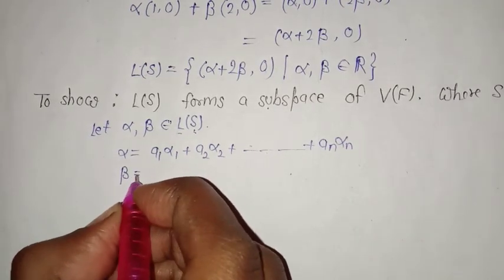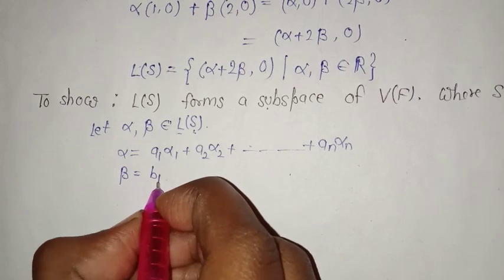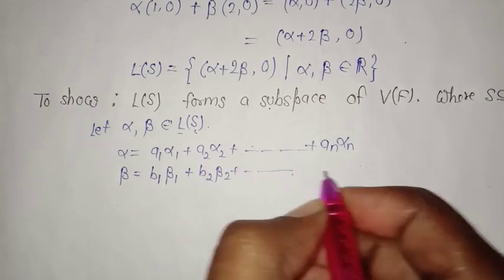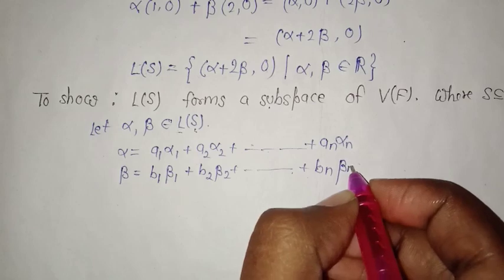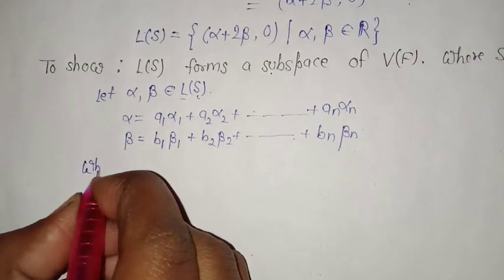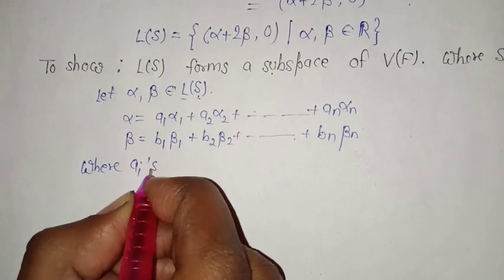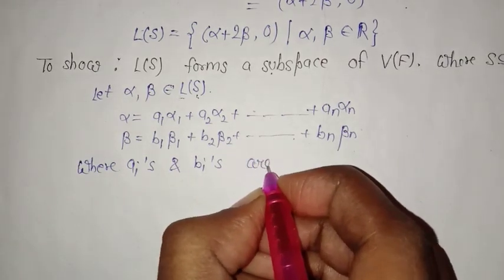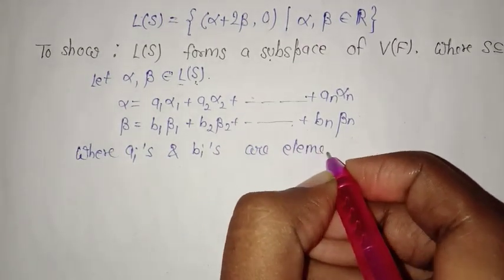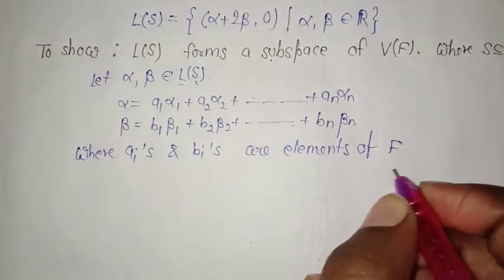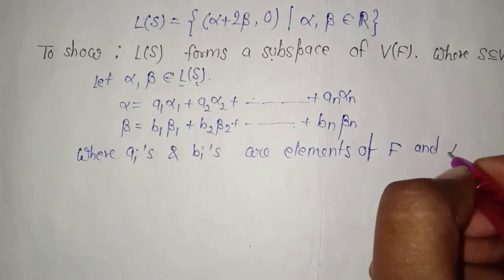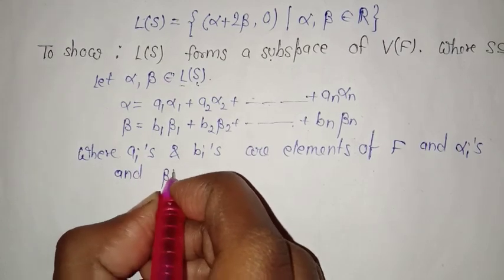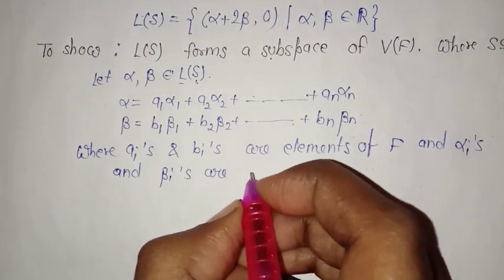And similarly we can define beta for different scalars and vectors: b1 beta 1 plus b2 beta 2 plus ... plus bn beta n, where the ai's and bi's are elements of field F, and the alpha i's and beta i's are elements of S.